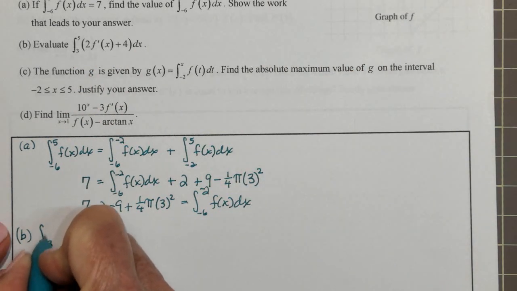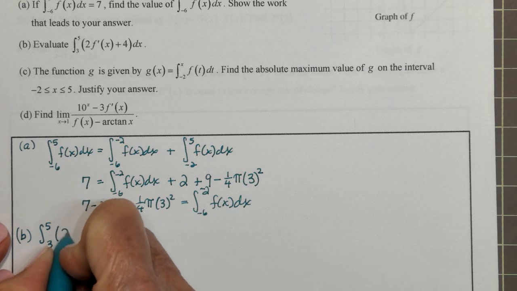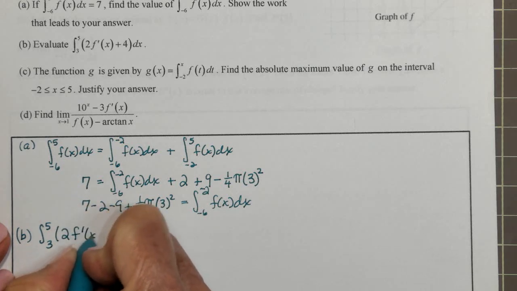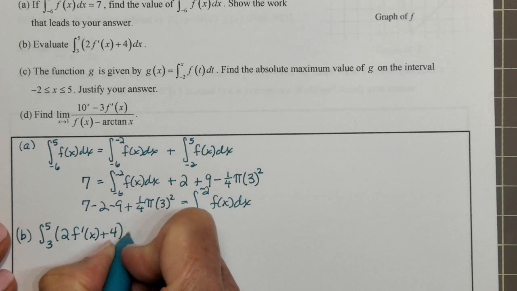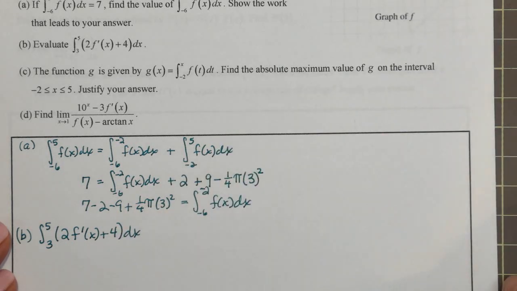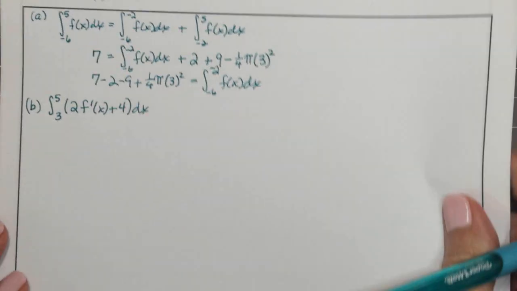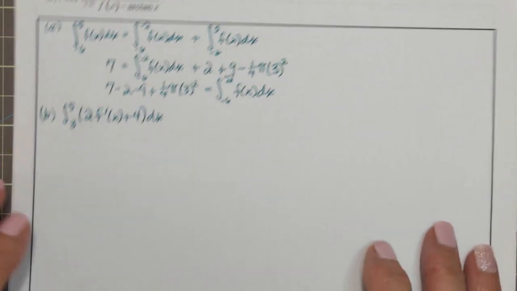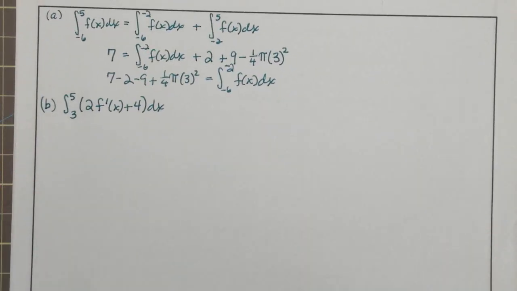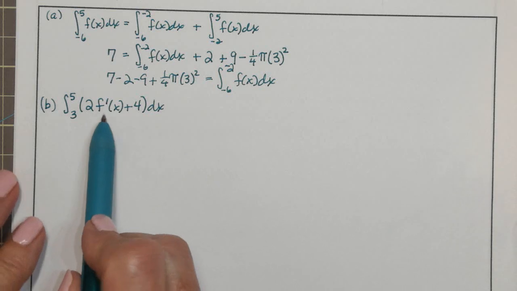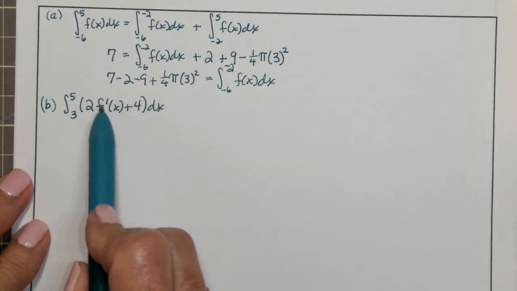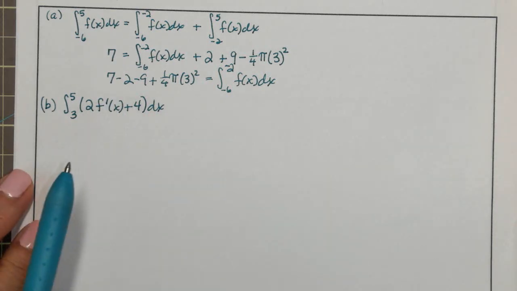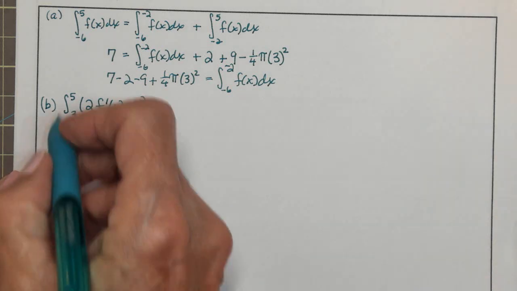The integral from 3 to 5 of 2 f prime of x plus 4 dx. All right. I could split up this integral, spread it all out, but I think I'm just going to do this the quick way, because this is an f prime and I know what the antiderivative of f prime is.